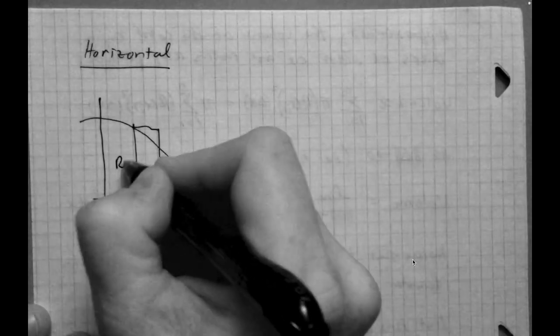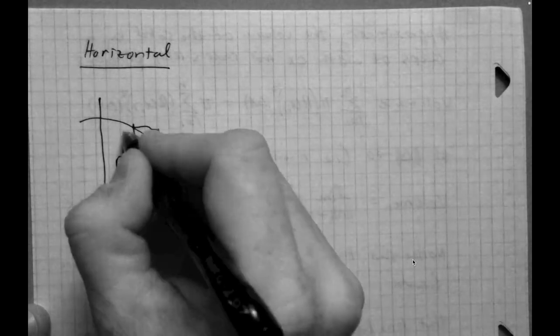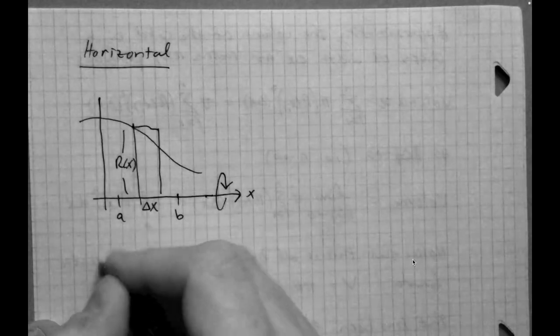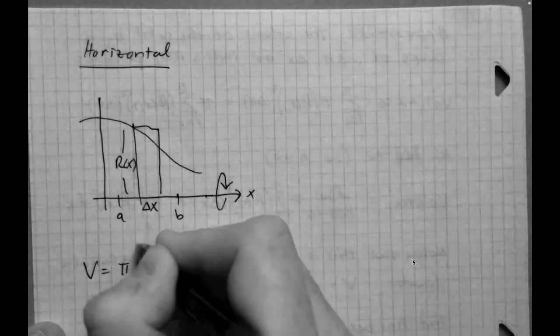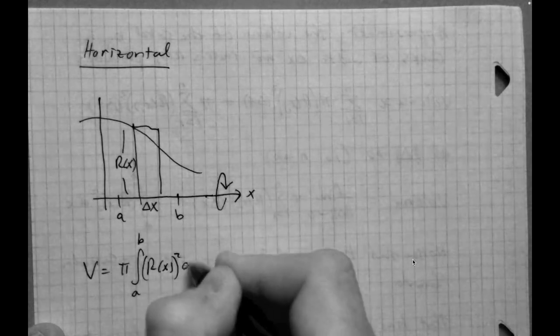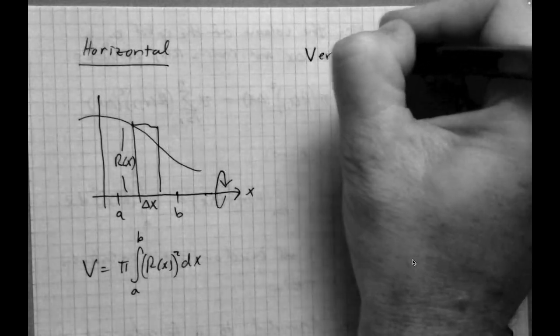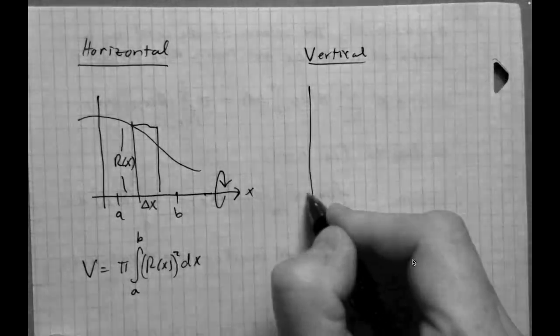And then you've got r as a function of x here as the height. This is what we mean by horizontal, and so in this case, the volume is equal to pi times the integral from a to b of r of x squared. That's what that one looks like. Now, what do we mean by vertical? Well, vertical just means that it's a similar setup.